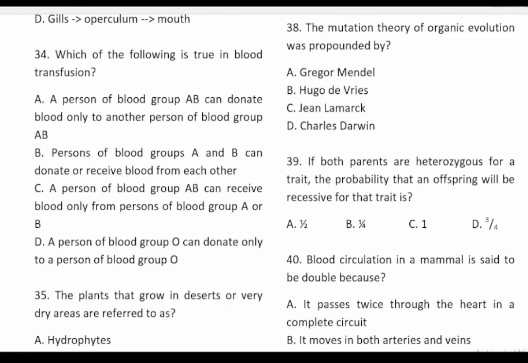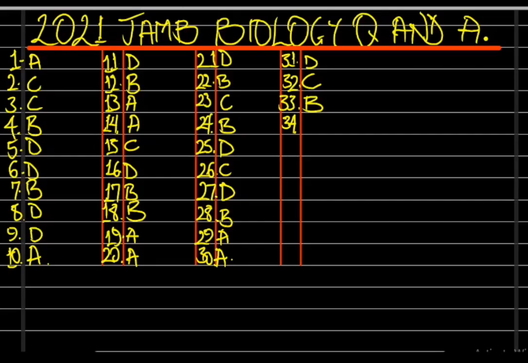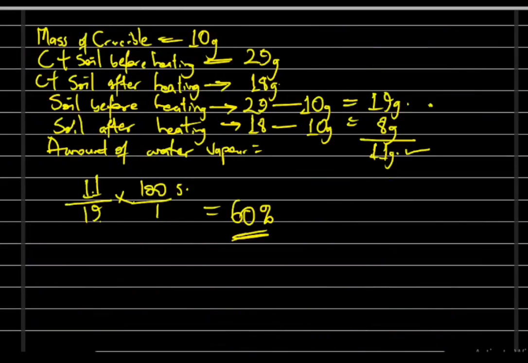Looking at this now, we need to understand the possibility of blood donation in organisms. So I'll put that here. We have basically 4 blood types: A, B, AB, and O. So when we look at the characteristics of these four blood types, we will see that they look like this.